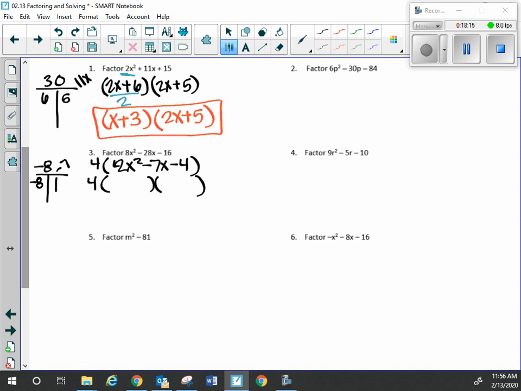Now, this has been a confusing piece for my last couple of classes. These both end up with 2 in your factors. It's not a common rule that it's just 2. It's whatever the a value is. So if my a was 3, I would have started with 3x and 3x. Okay? It's not always 2. But what do we need to throw back away? The 2, because my a value is just 2.